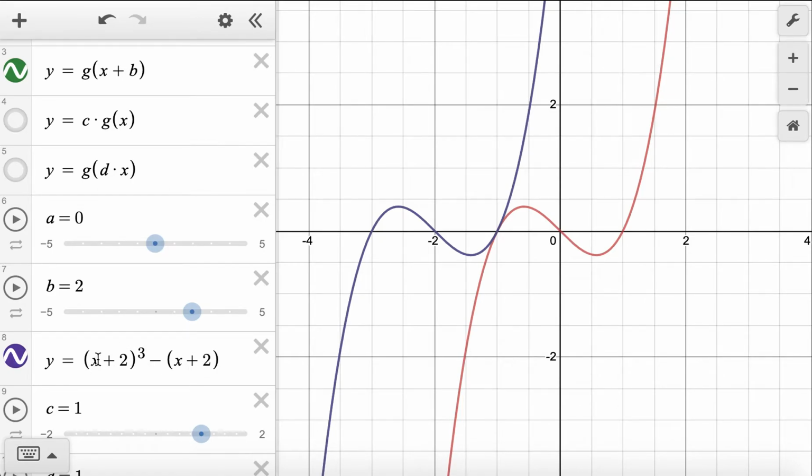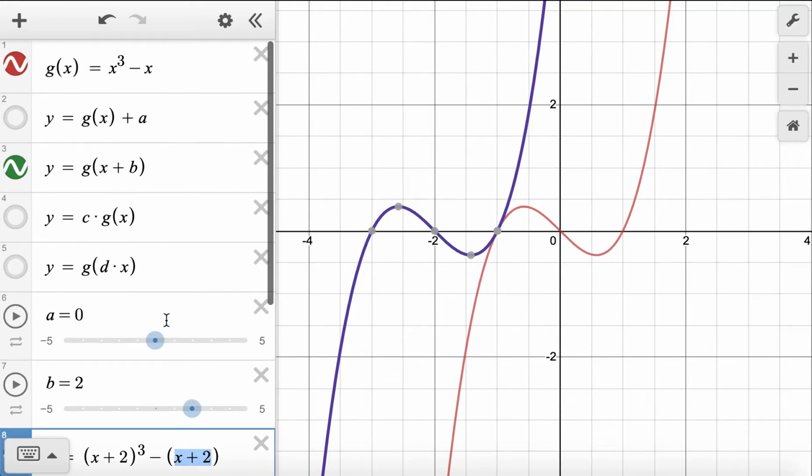If I put in a -2 for x, each of these locations in the equation are going to come out to be 0. And that means that as x equals -2, the graph is crossing the x-axis and decreasing. That's the behavior that it has at x equals -2. So when I put in -2 for x, this spot comes out to equal 0, this spot comes out to equal 0, I have this behavior.